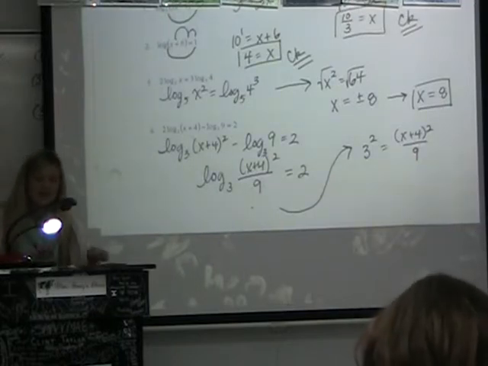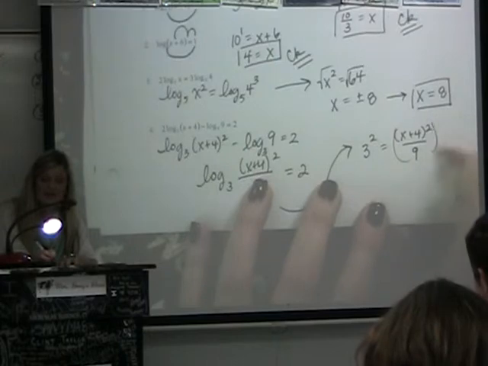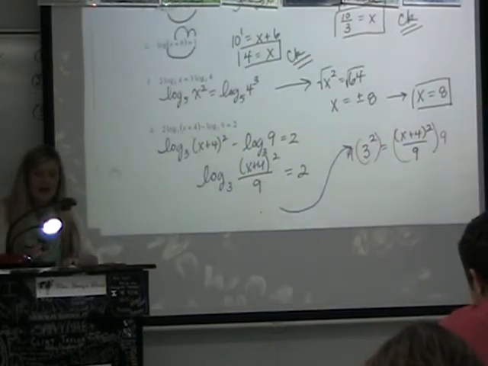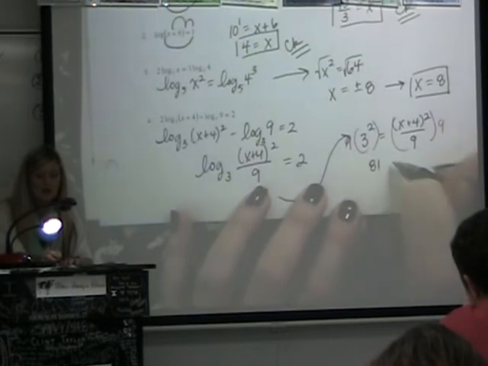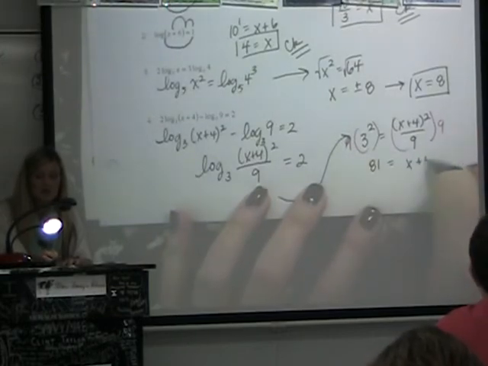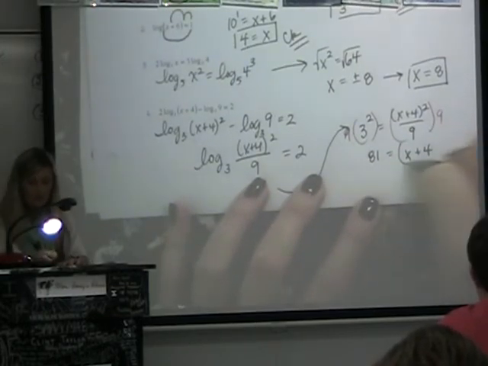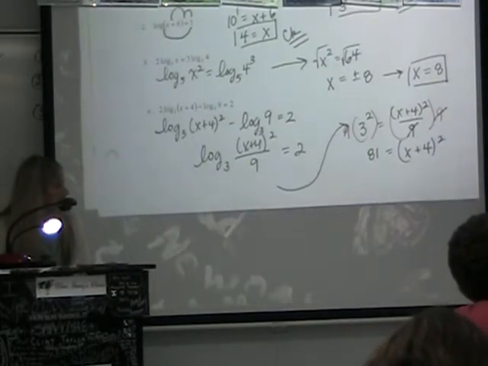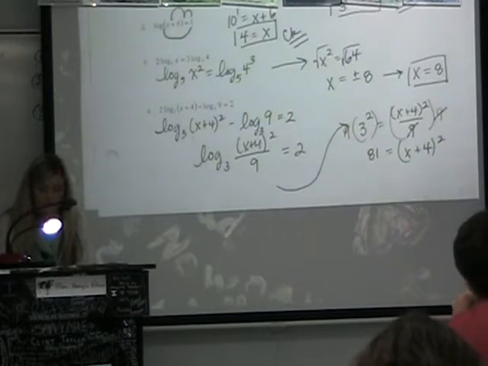And so then I'm actually going to multiply both sides by 9 to clear my fraction, and I'll get 81 equals (x plus 4) squared. My 9's will cancel, and my x plus 4 is still going to be squared. Now what?